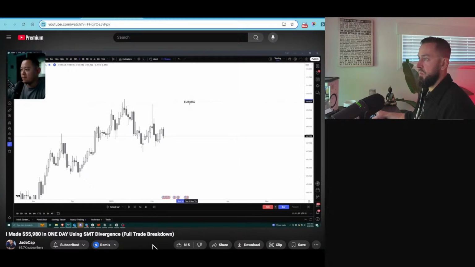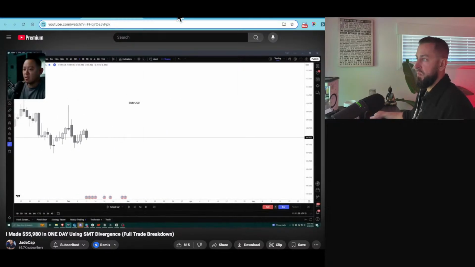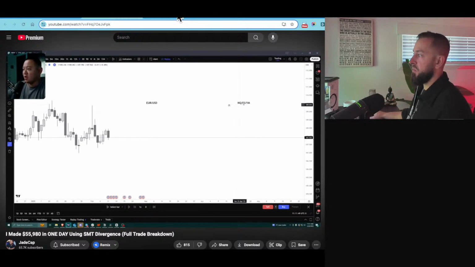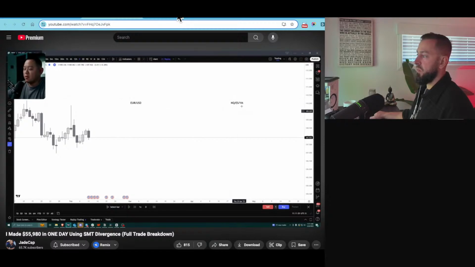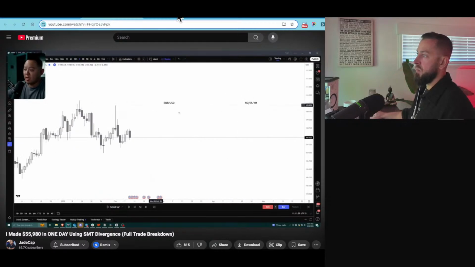You guys can see here very clearly that this pair is going to be correlated with the dollar because it's measured against it. But this will also work if you're trading index markets like NQ, ES, and YM. So NQ, NASDAQ, ES, and the Dow. When we're trying to find relative strength versus weakness, if we're measuring all three of these together, this is how we're going to be able to spot SMT divergence.